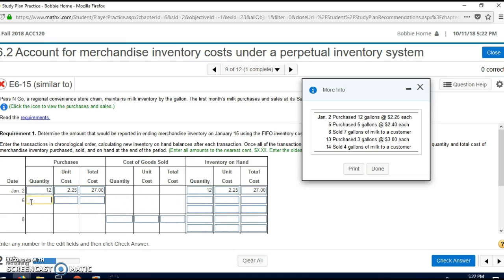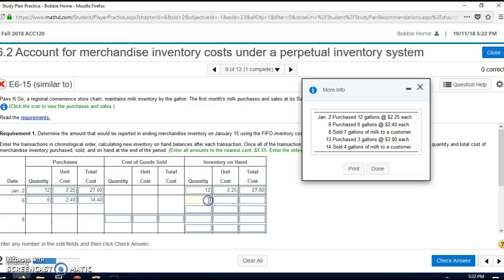Then on January 6th we purchased 6 units at $2.40, so $14.40 is the total cost. Now we have our 12 units at $2.25 and our 6 units at $2.40.